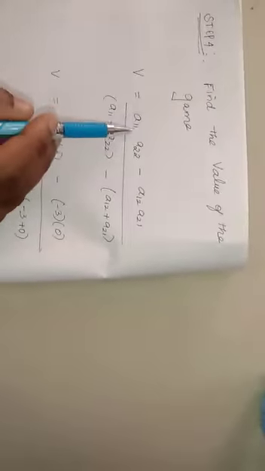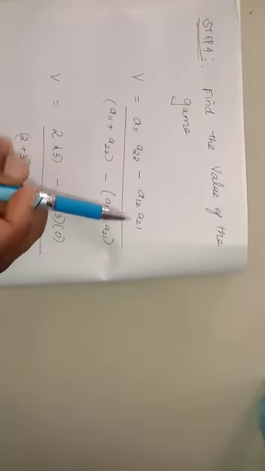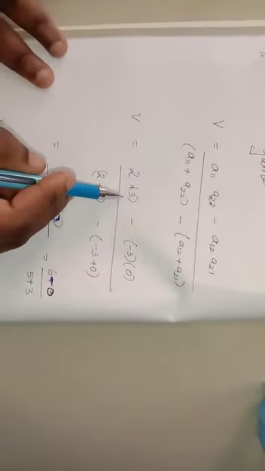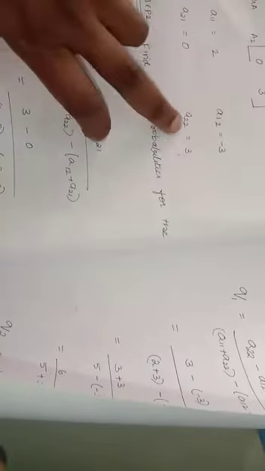Now we are going to find the value of the game. The formula is (A11 into A22 minus A12 into A21) divided by (A11 plus A22 minus A12 plus A21). Now A11 value is 2, A22 value is 3.